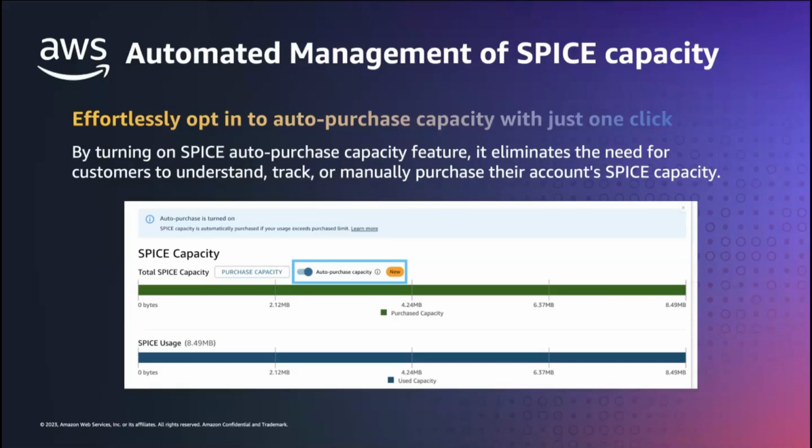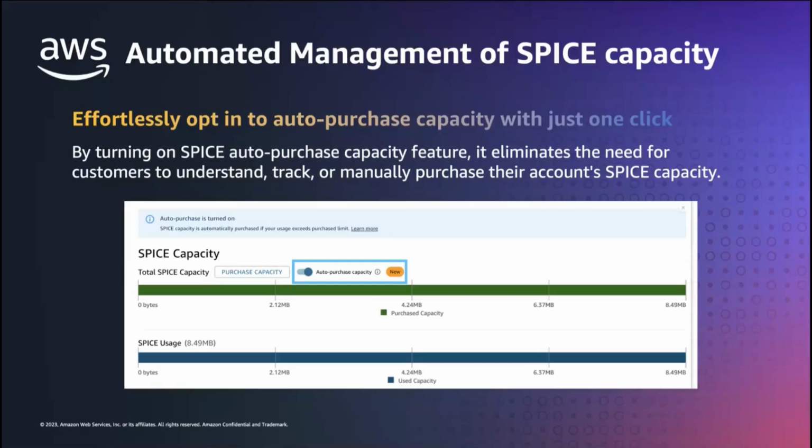You can see from this page in the admin SPICE capacity dashboard, you can turn on this auto purchase capacity toggle. When you turn it on, QuickSight will automatically bump up your capacity to meet your usage. So you no longer need to purchase more capacity manually.